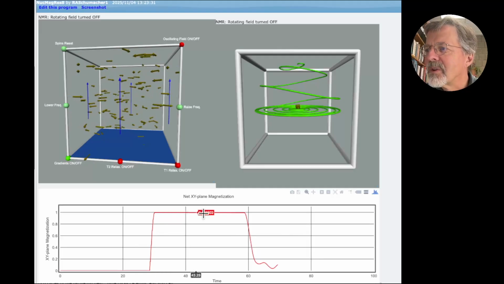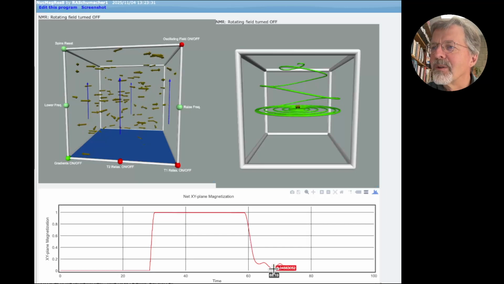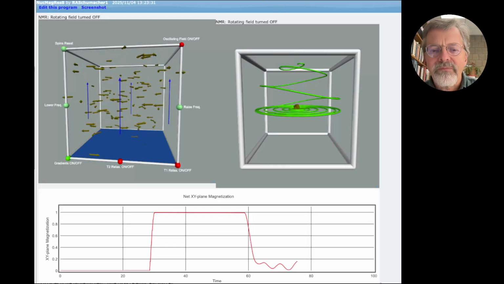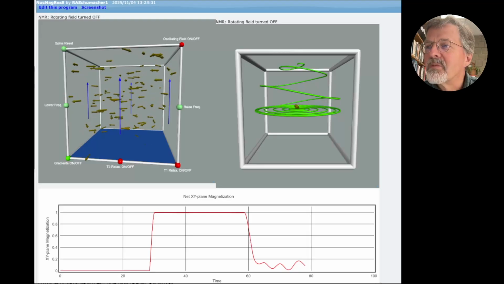So here it goes from 100%, and here it's crashing down to something close to 0. So that is really what we see in a real system, but without the luxury of being able to turn the field gradients on selectively.